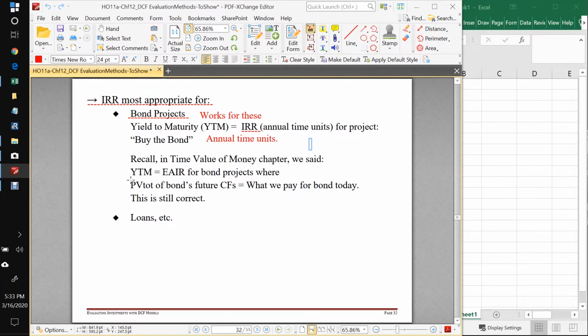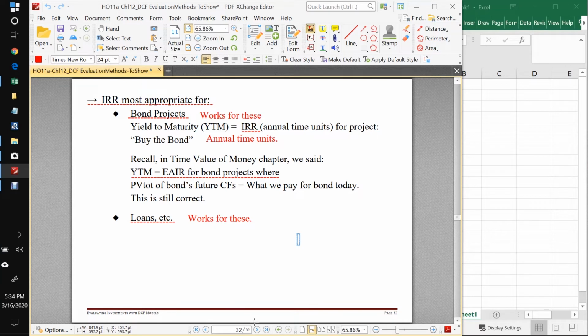Okay, and remember from our chapter 8C, time value of money, YTM is also equal to the equivalent annual interest rate for bond projects. Also, IRR will work for things like loans, mortgage loans, other loans. So IRR is not hopeless. It does work for a very, very big class of problems, right?